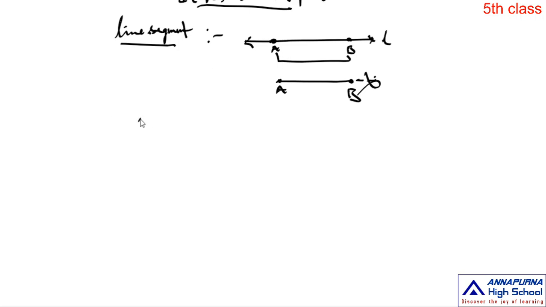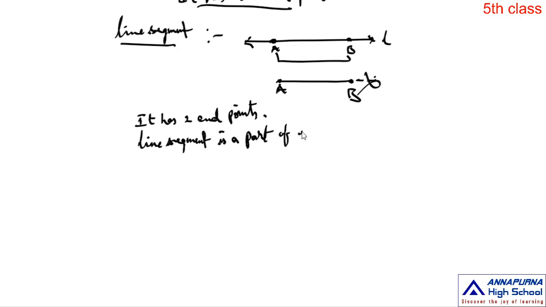Therefore, line segment means it has two endpoints, and a very important point is that a line segment is a part of a line.